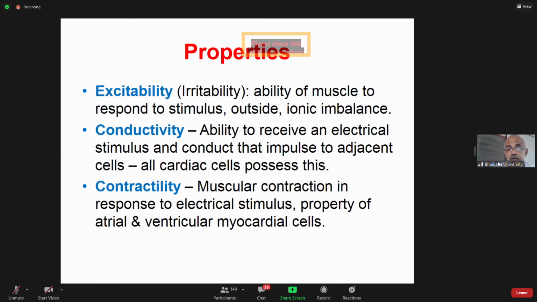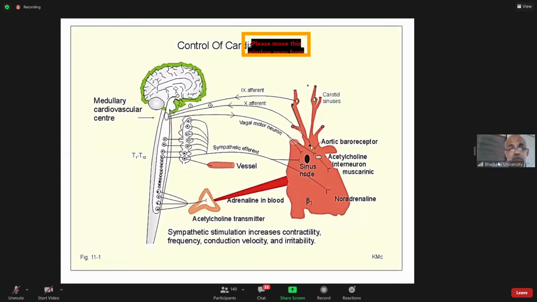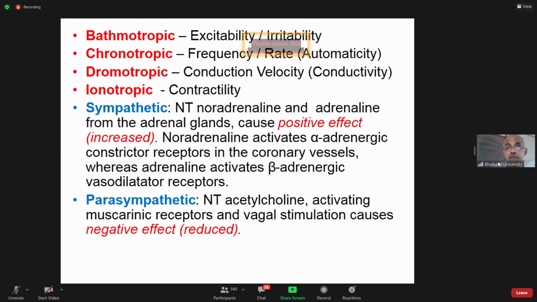The impulse is also conducted rapidly through the intercalated discs all over the musculature, and they can contract as a unit. So contractility is also a property of these muscles. They are supplied with autonomic innervation, sympathetic and parasympathetic. Sympathetic is excitatory and parasympathetic is inhibitory.